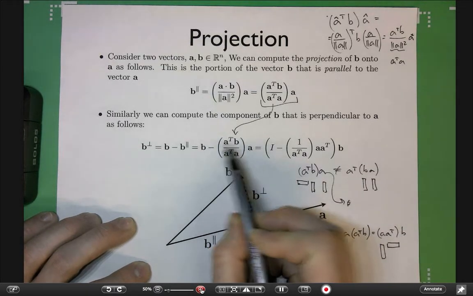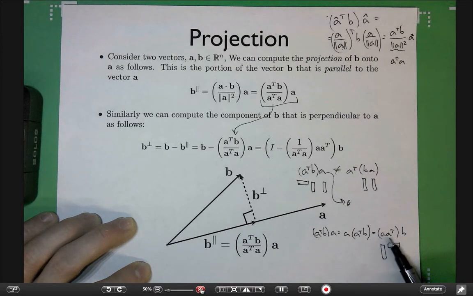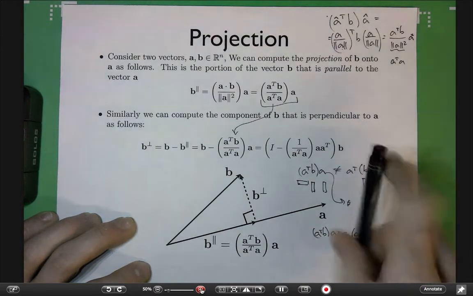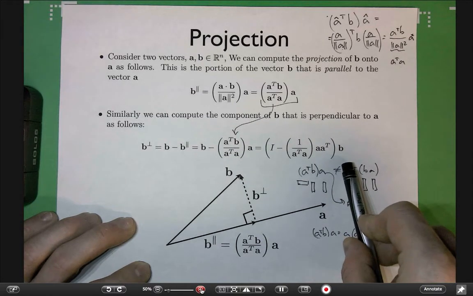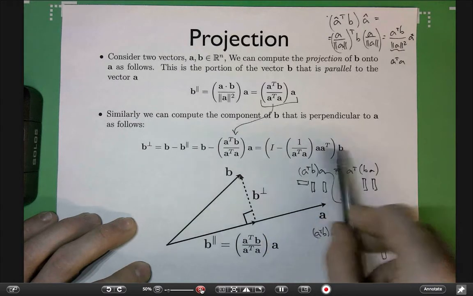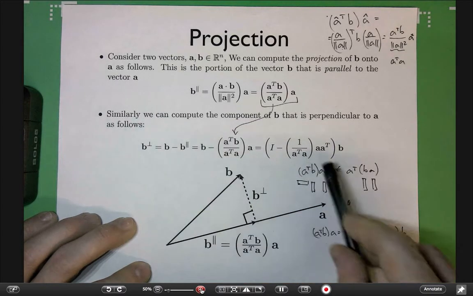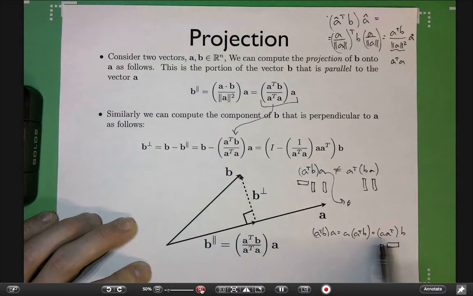So the top here, A^T B A, I converted to A A^T B, and that's exactly what happened in this step. So you can now see that this really is the same thing, because identity times B is just B. And this is just A A^T B as opposed to A^T B A. And this is why this works.